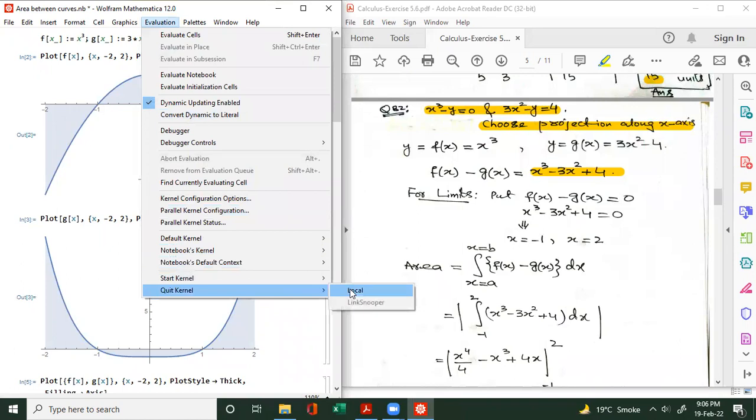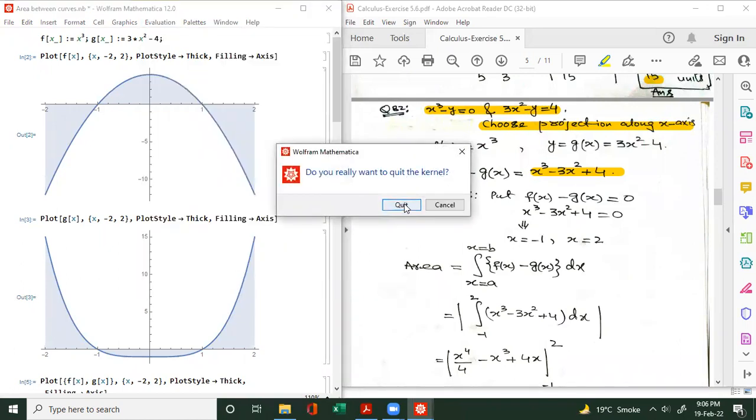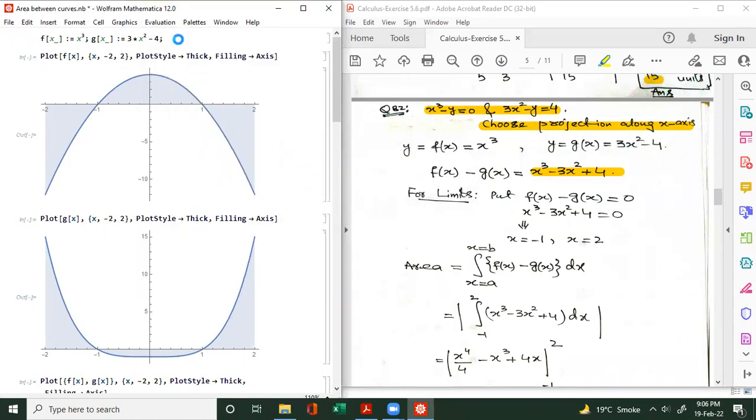First let me quit the kernel. This is the command I am executing. Actually, I am running these functions.